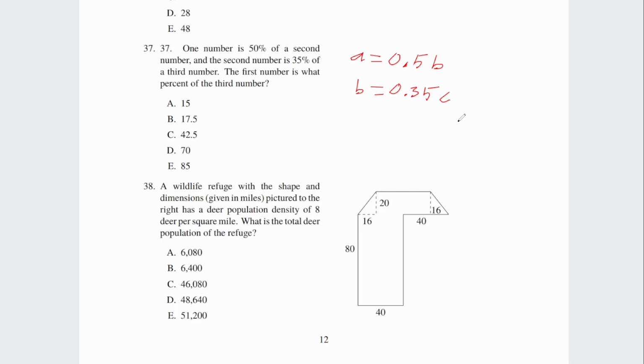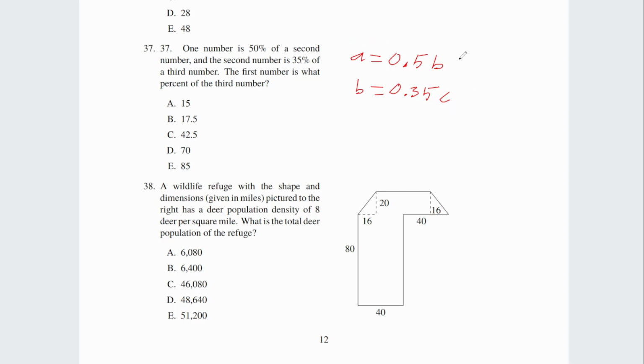So here is what we have. The first number is what percent of the third number? So in other words, let's express A in terms of C. So the first thing we need to do is express B in terms of A, and then we can find this equation.